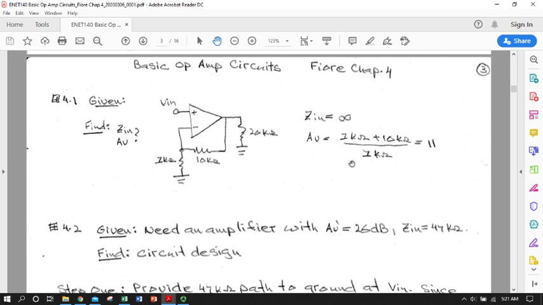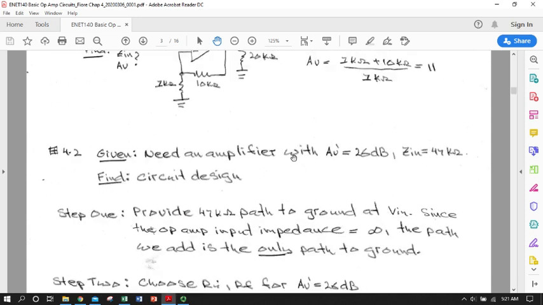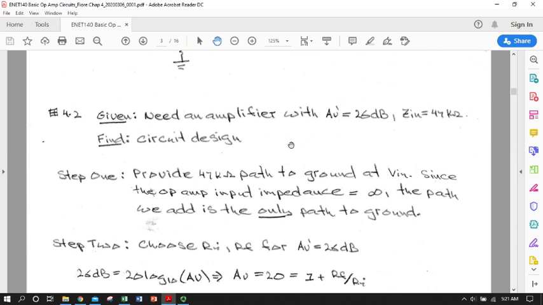So we could do that in our head if we wanted to, which will of course give us the same formula we just derived, but we can just drop it in and say here the gain is going to be 1 kilo ohm plus 10 kilo ohms over 1 kilo ohm, so it's 11. So we have a gain of 11, and that's a fairly popular number that you'll see in negative feedback loops. We saw that quite a bit in chapter 3.